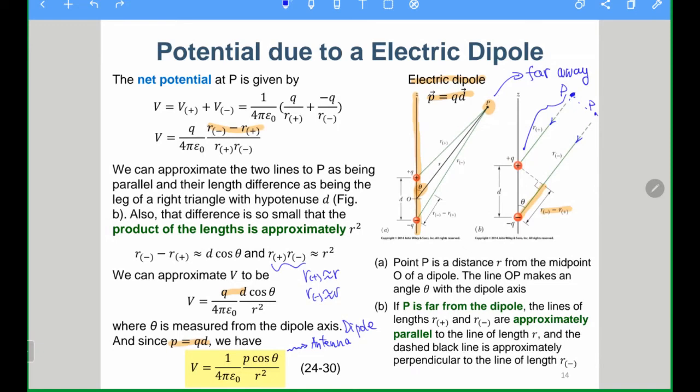You change the current going through the antenna, then the antenna generates so-called EM waves in some specific direction. In some directions, the EM wave will be weaker. So this is a simplified model for an antenna.